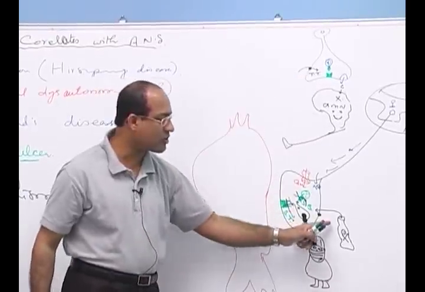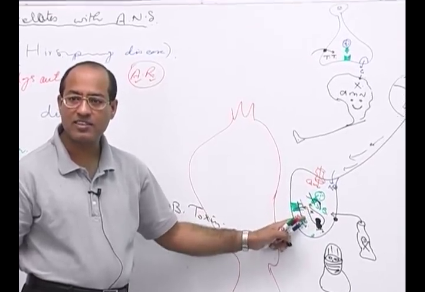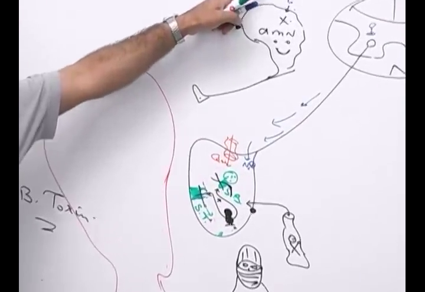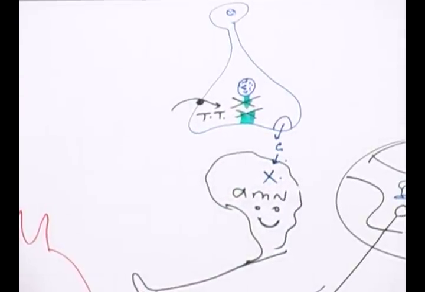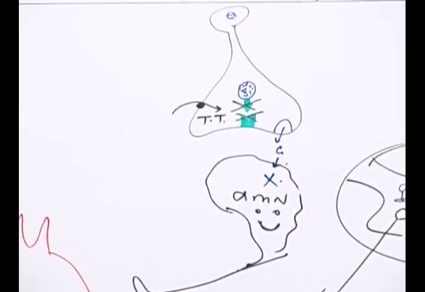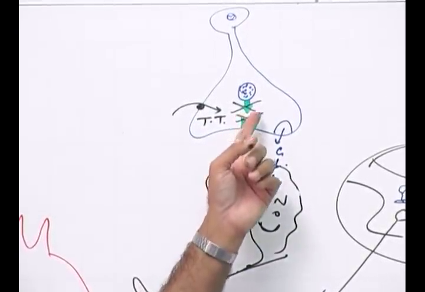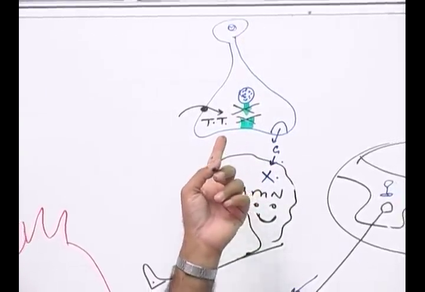You know, botulinum toxin was leading to proteolysis of fusion proteins. Tetanospasmin also leads to proteolysis of these proteins, and if these proteins are undergoing digestion, do you think vesicles can now fuse with the nerve ending? No. So in the spinal cord there will be impaired release of neurotransmitter by glycinergic neurons.